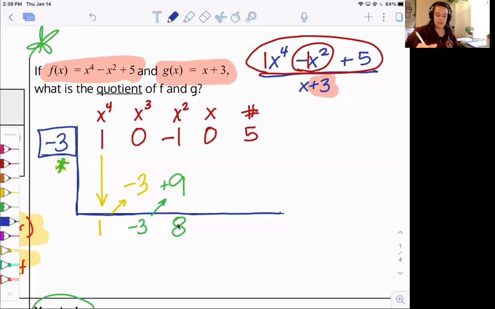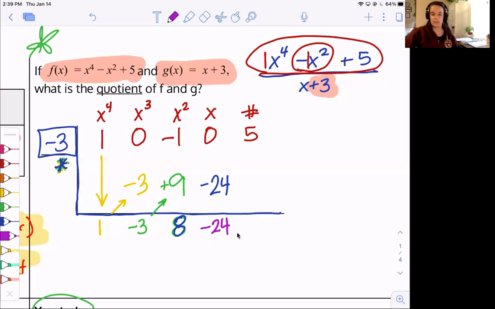All right. +8 times the -3 would be -24. 0 minus 24 would be -24. Ooh, our numbers are getting big now.